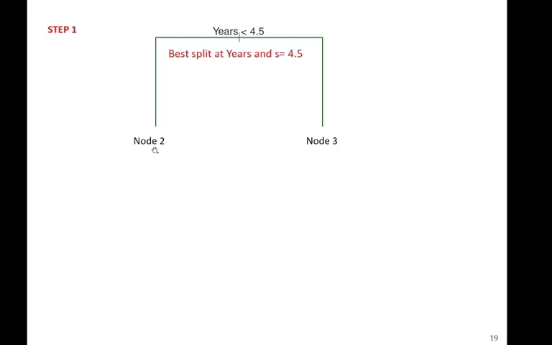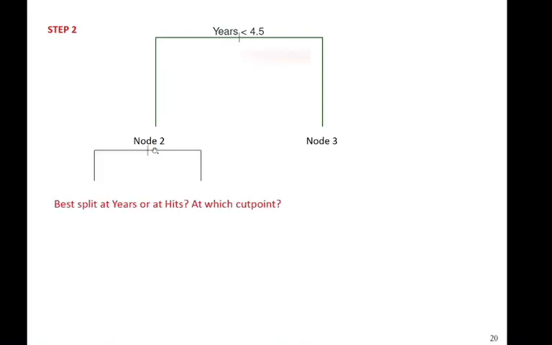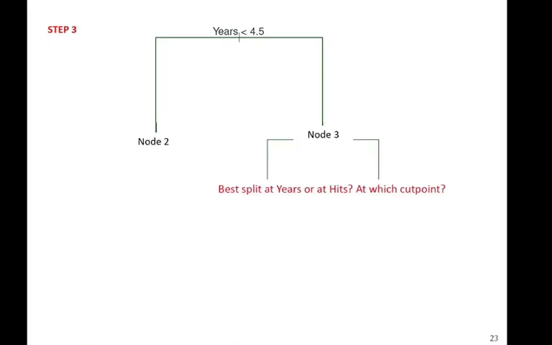We repeat our process by recursively splitting each node. We apply the same question to node number 2. Should we split by years or should we split by hits? And if so, which cut point? But in this case, the splitting did not occur because we reached the stopping criterion. Node 2 becomes a leaf. Same for node number 3: should we split by years or by hits?